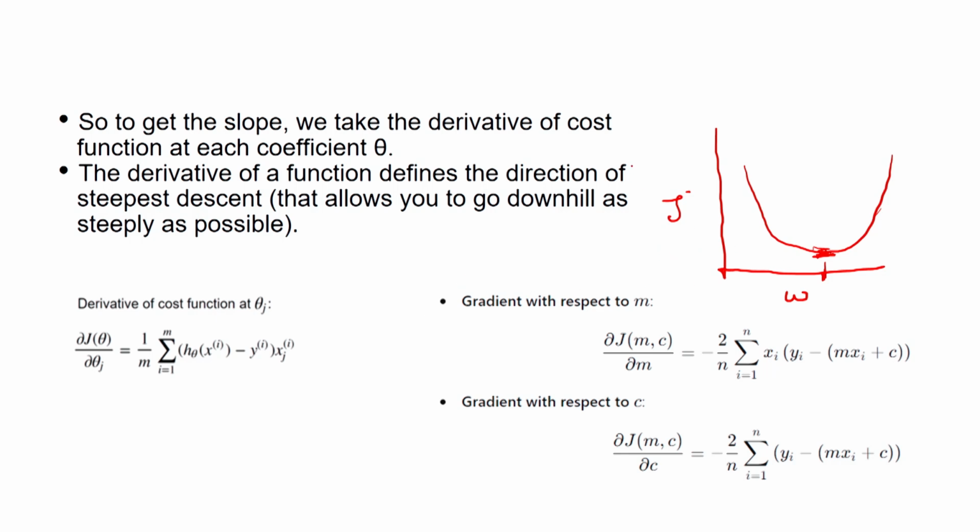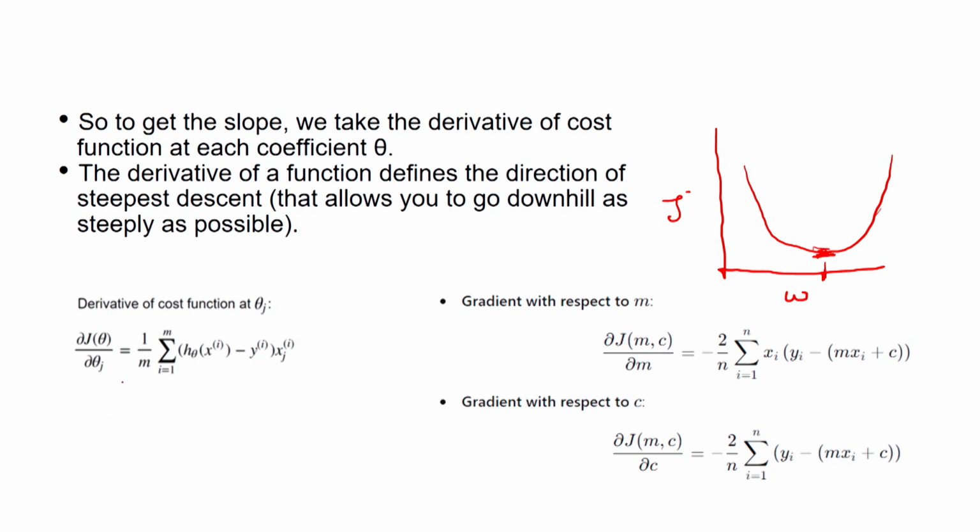So, to get the slope, we take the derivative of the cost function with respect to each parameter: theta naught, theta 1, theta 2, up to theta n. So, we have n plus 1 parameters, which are also called coefficients. We will take the derivative of the cost function with respect to all these parameters, and that is written here.